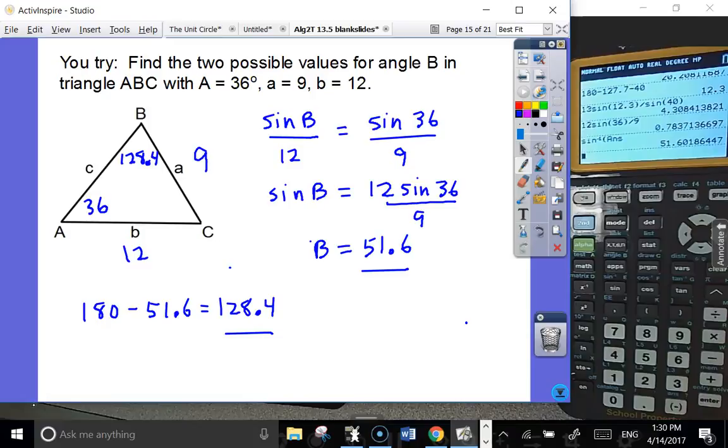That should have been 51.6. Either one is fine.